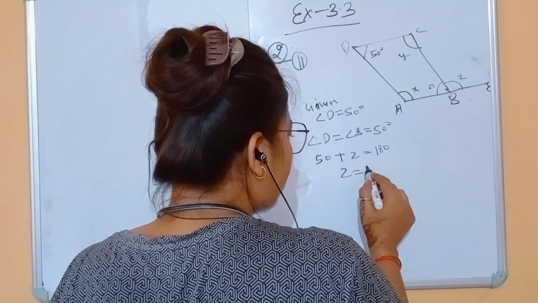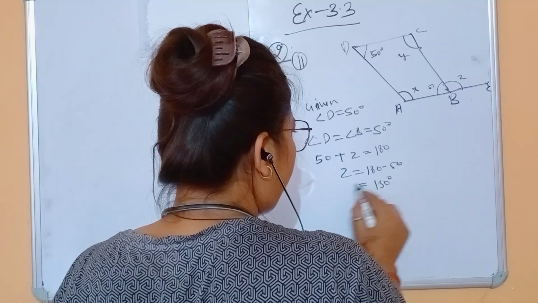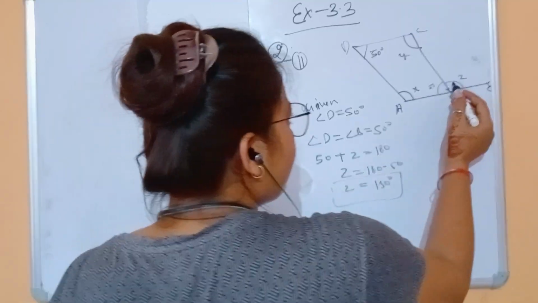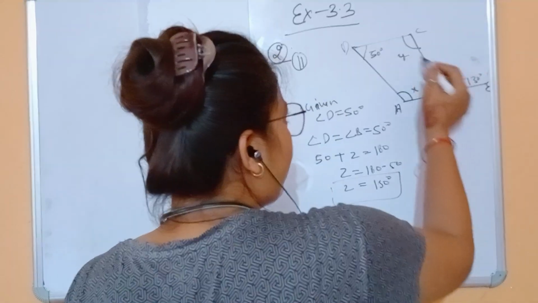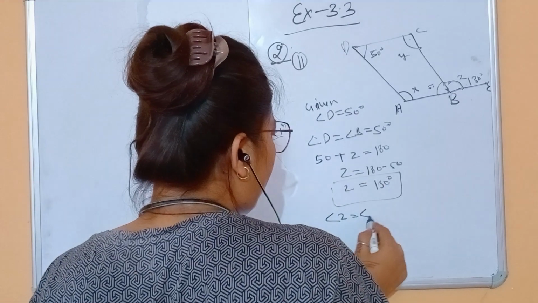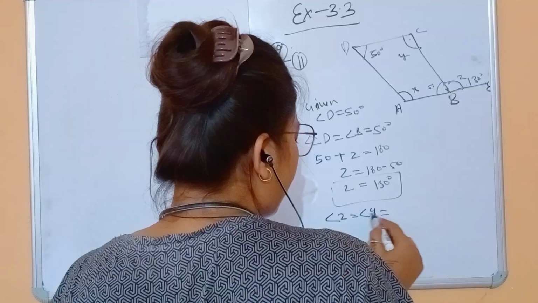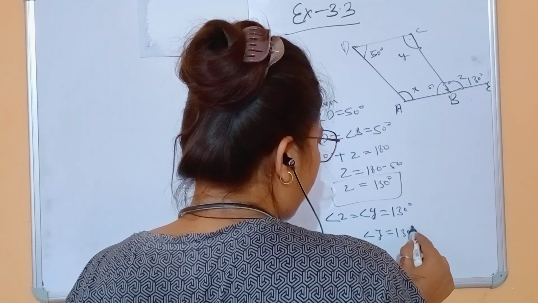So Z is equal to 180 minus 50, that is 130 degree. By congruence, we find angle Y is equal to angle Z, so angle Y is also 130 degree.